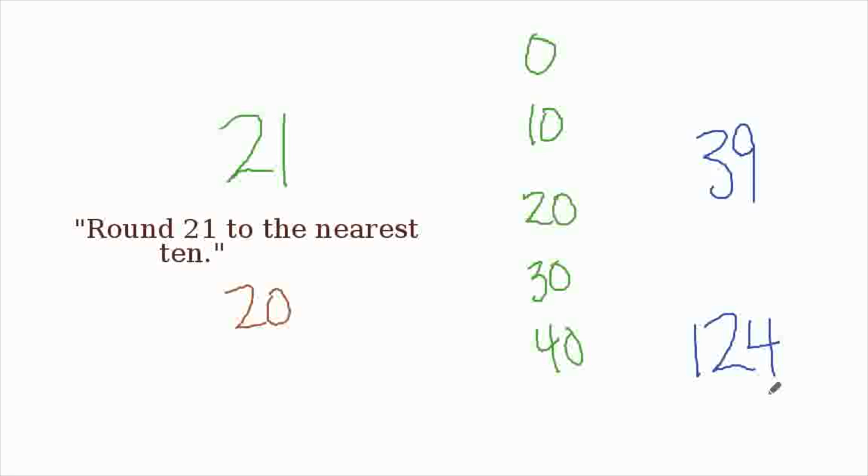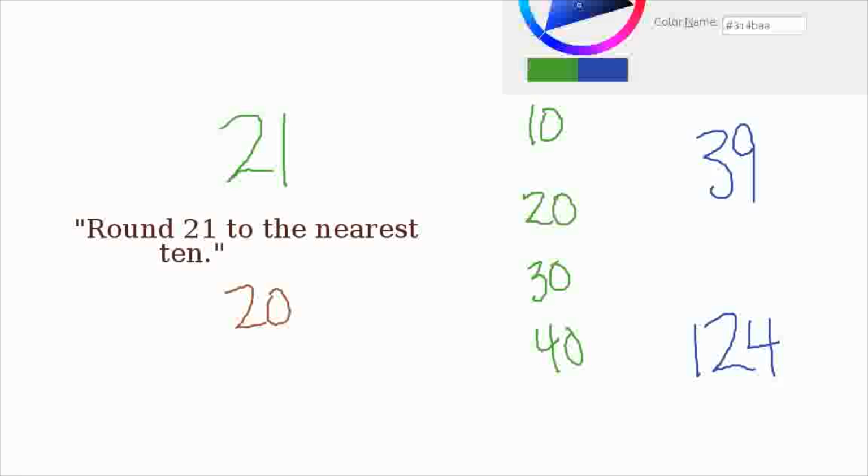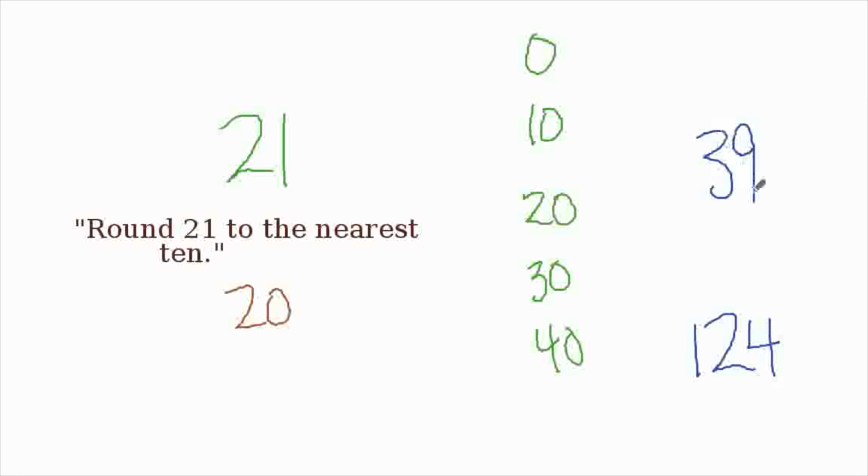So for the first one, 39, the nearest 10, as they say, is 40. So let me write 40. That's the answer. For the one below, 124, to round that one to the nearest 10, we would say 120. All right? Very good.